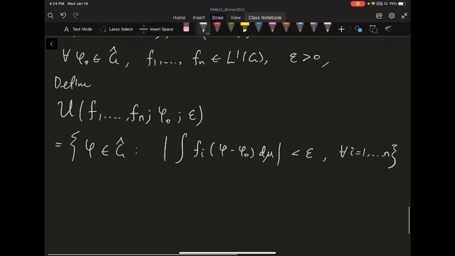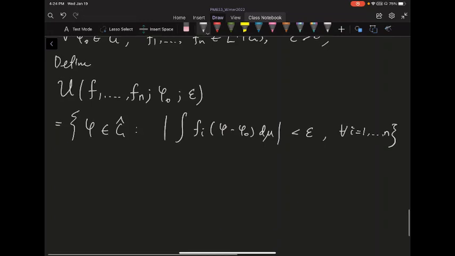So this is going to be a neighborhood basis for your topology at phi 0. They are all open, and it's a basis of the weak star topology. And you can see this is kind of difficult to describe. If you want to make it any useful, this topology is super difficult to work with.